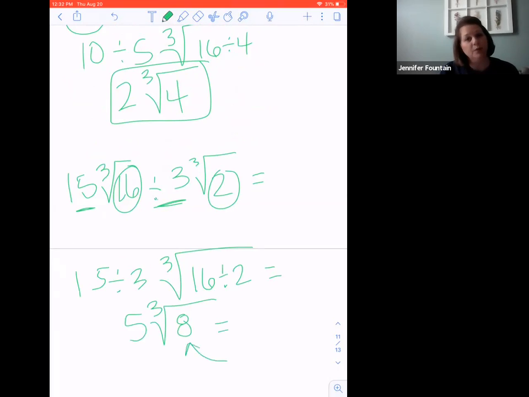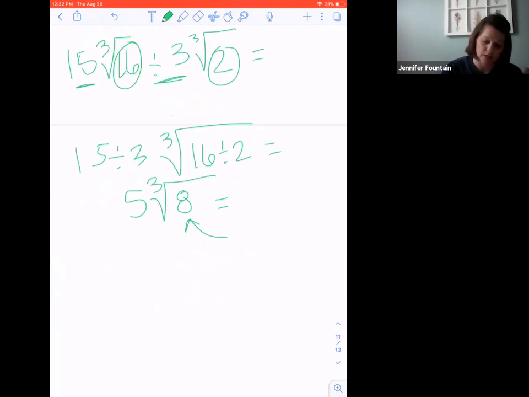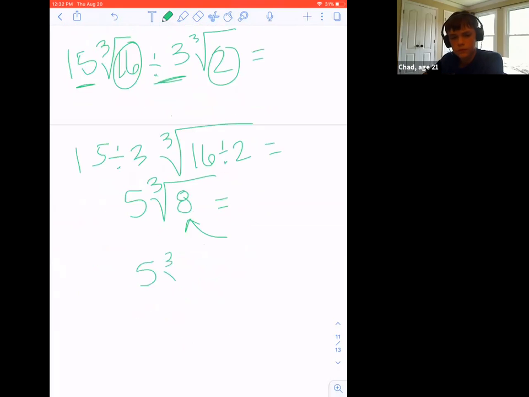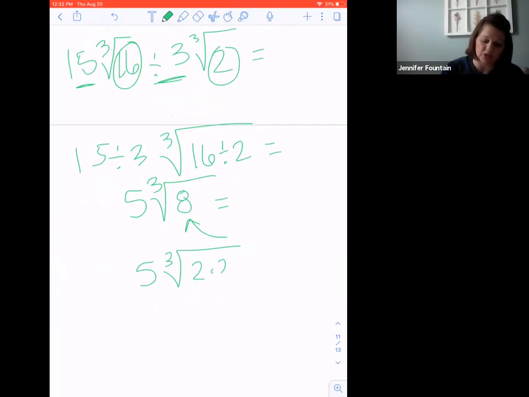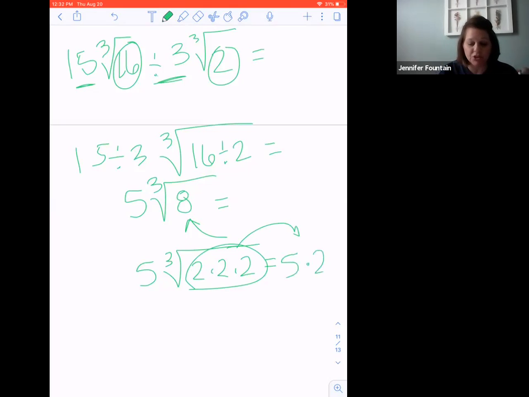Now I've got to simplify here. 8 is 2 times 2 times 2. So now I've got 3 2's under there. Those are going to have to come out. So now I had a 5 already. My 2 that came out, I need to multiply those together.